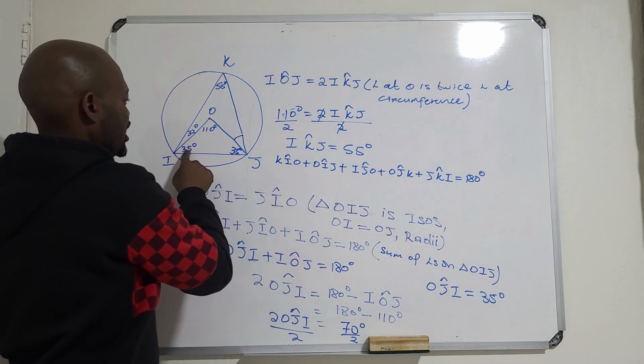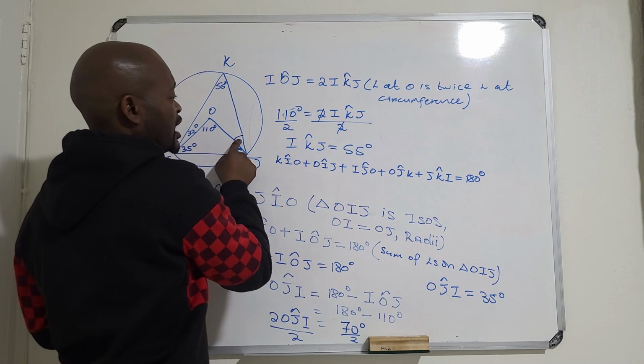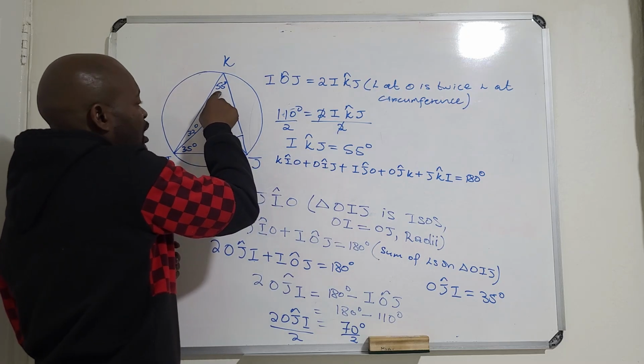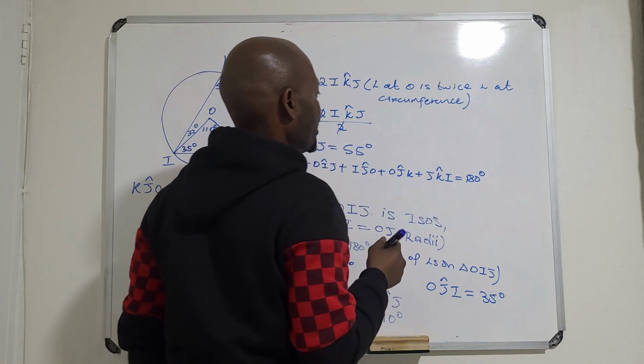So this angle plus this angle plus this angle plus this angle plus that angle is equal to 180 degrees.